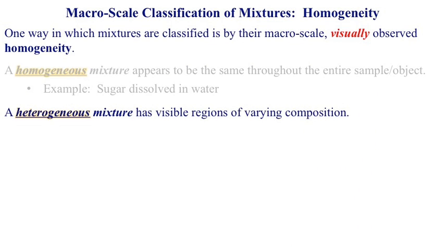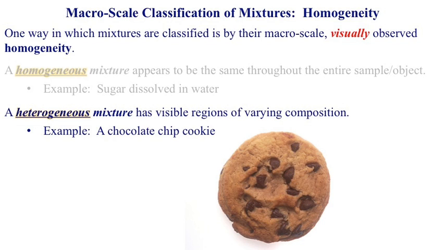A heterogeneous mixture has visible regions of varying composition. An example of a heterogeneous mixture is a chocolate chip cookie. In some regions of the chocolate chip cookie, a chocolate chip can be seen. In other small regions, a chocolate chip is not seen.